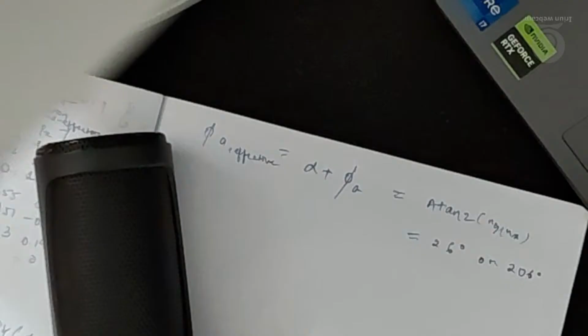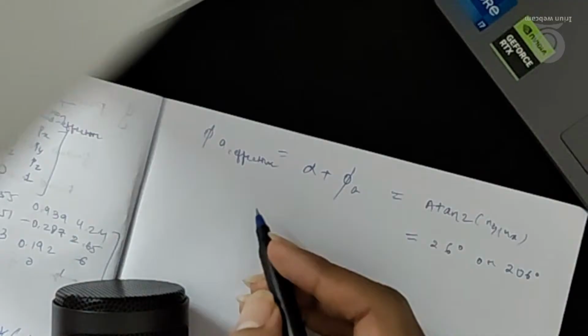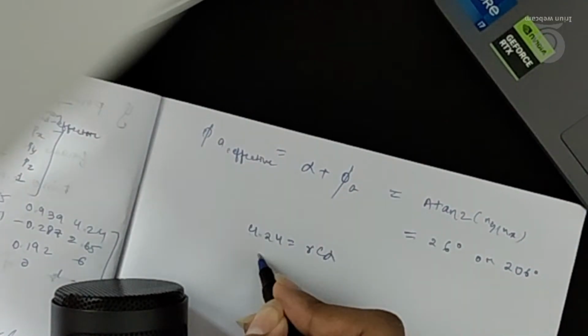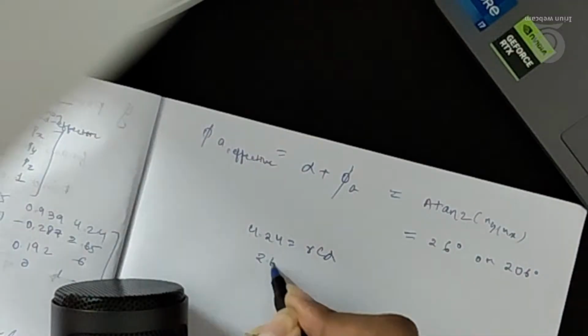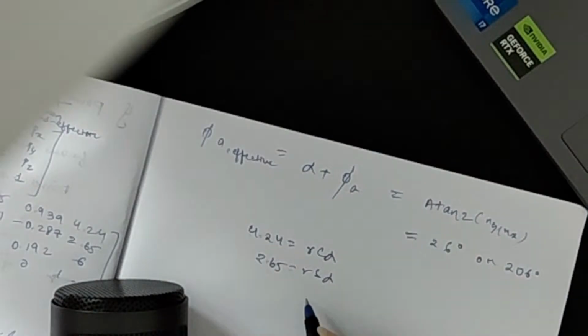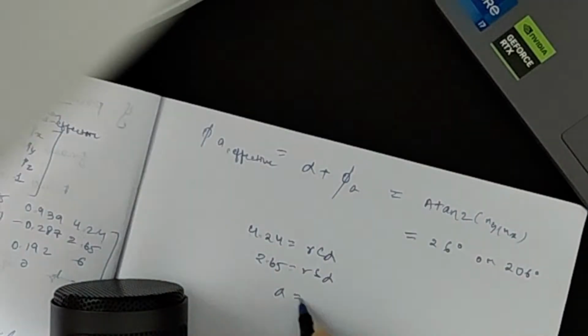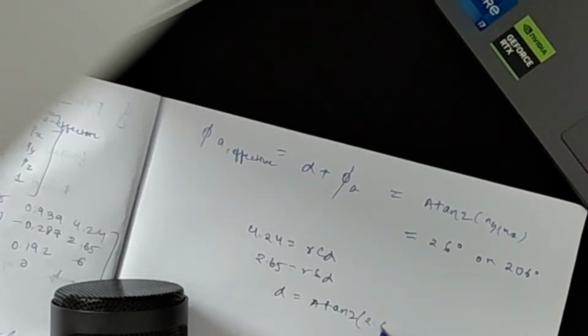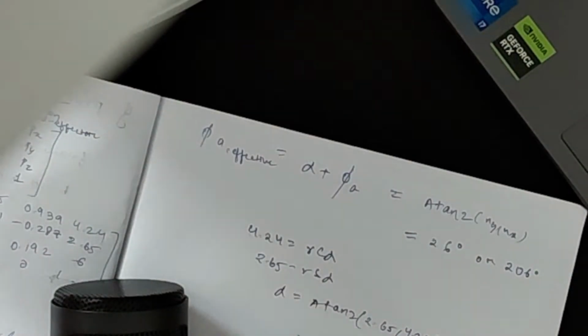Yeah, the rest should be pretty straightforward because 4.24 is our cos alpha and 2.65 is our sin alpha. That gives us alpha as atan2 of 2.65, 4.24, as 32 degrees.